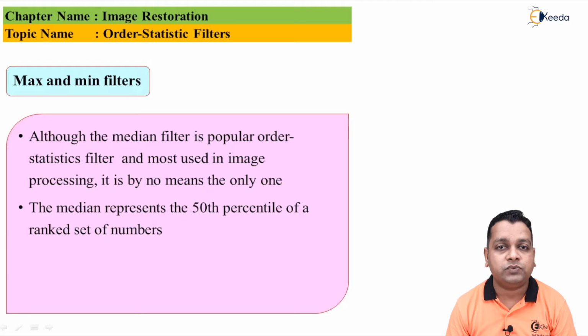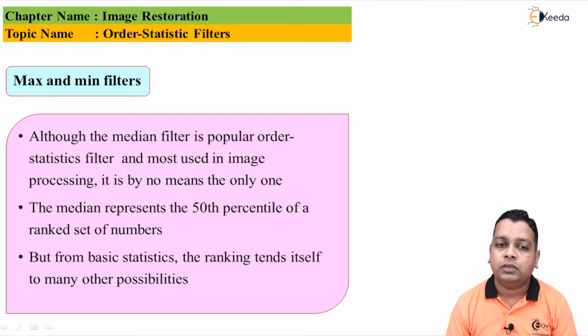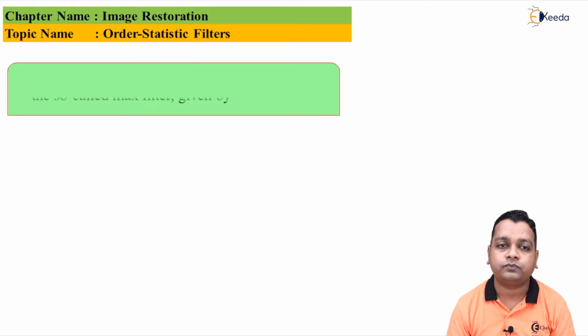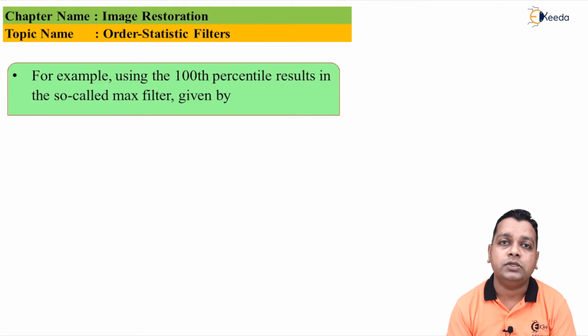The median filter we discussed represents the 50th percentile of the ranked set of numbers. But from the basics of statistics, we can also rank the selected values in many other ways. For example, using the 100th percentile results in the so-called max filter.